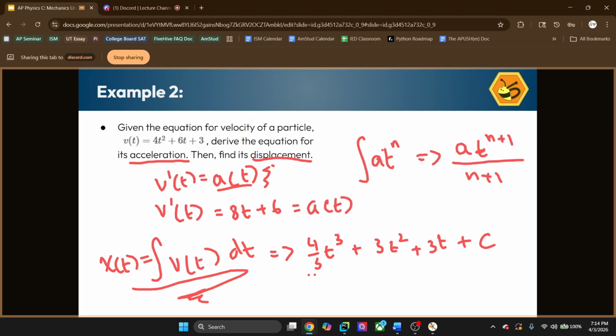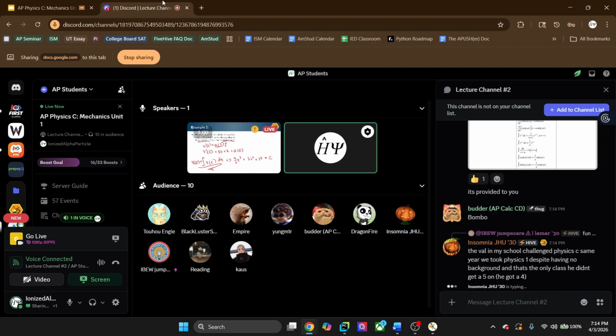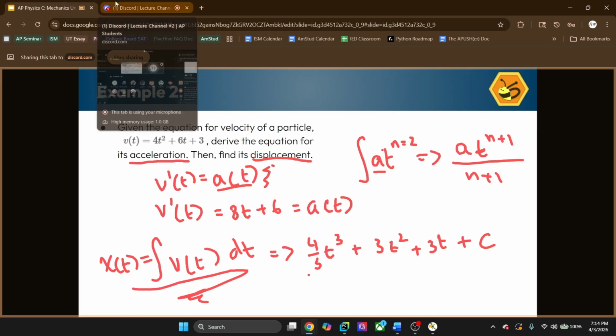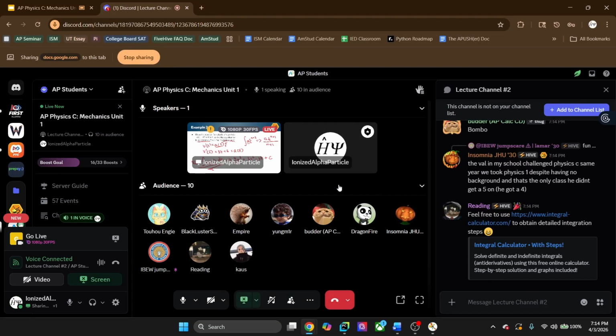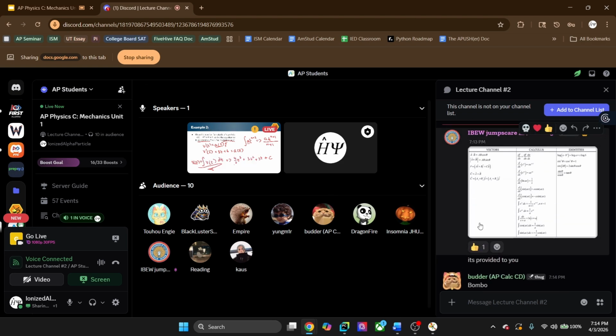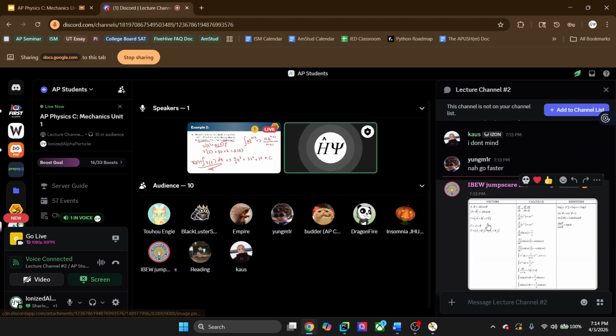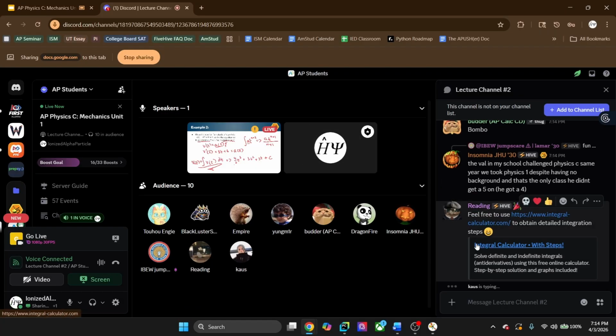That's essentially what I used in this question. It's 4t squared, and the n is 2. 2 plus 1 is 3, and you divide by 3, and you get 4 over 3 t cubed. Same logic applied for the 6t, and for 3, it's not the same logic, because you just got to know that when there's no variable, you multiply by t. Yeah, it is also provided on the sheet.